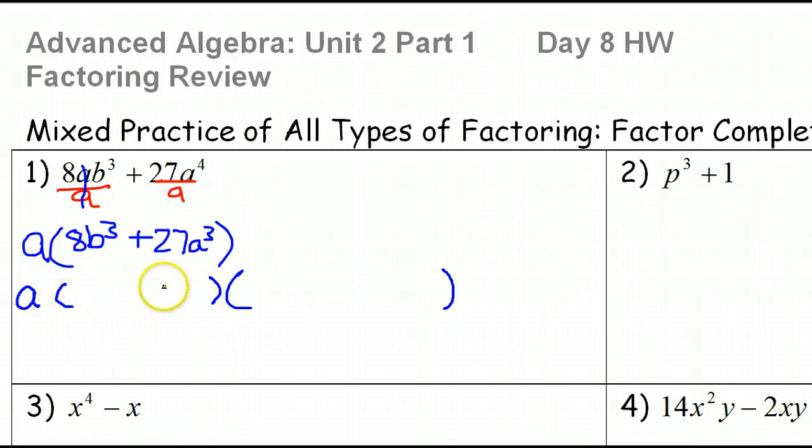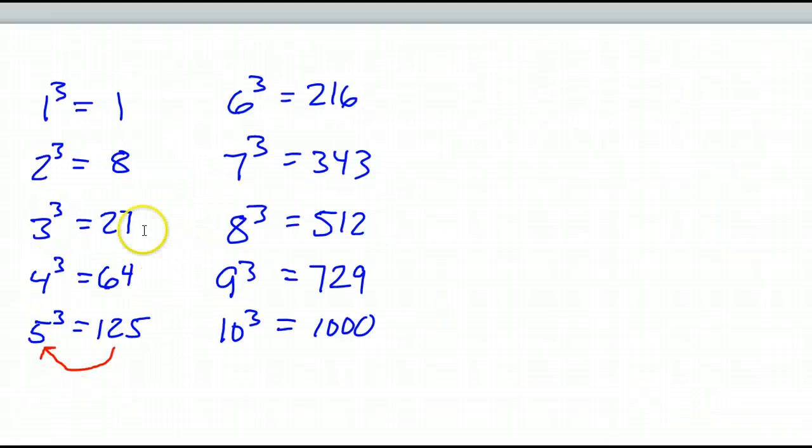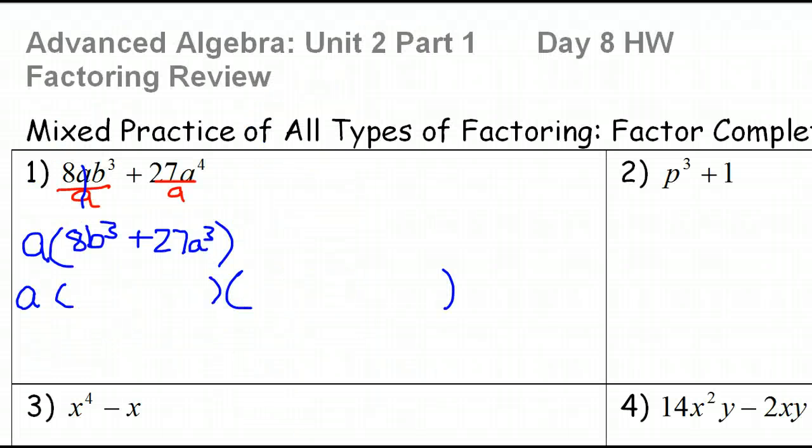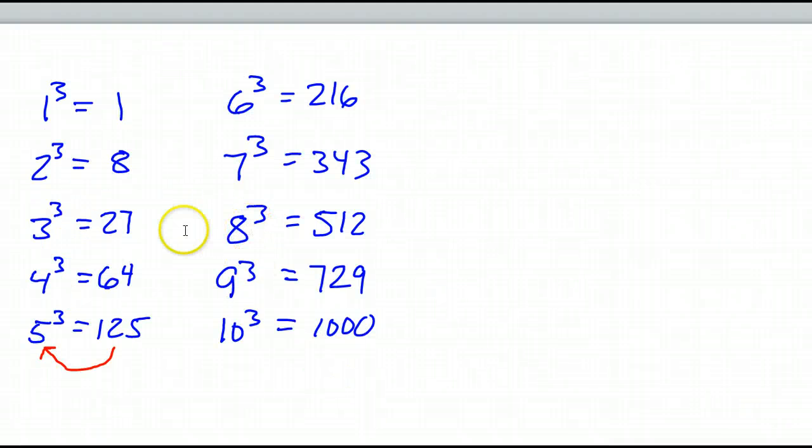So the binomial is just the root of all of these. Where does it come from? You could make a list very easily of the first 10 perfect cubes. Now 8 and 27, where does 8 come from on this list? See, there's 8. 8 comes from 2 to the third power. 27 comes from 3.